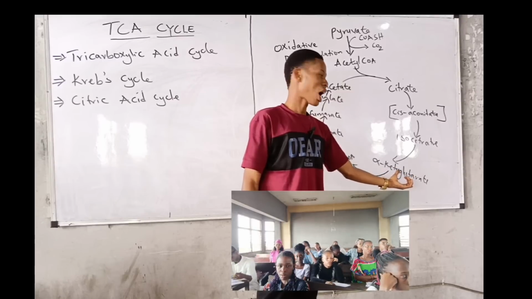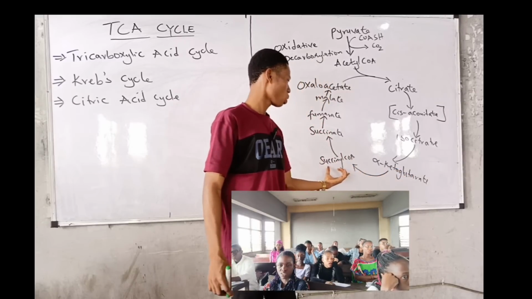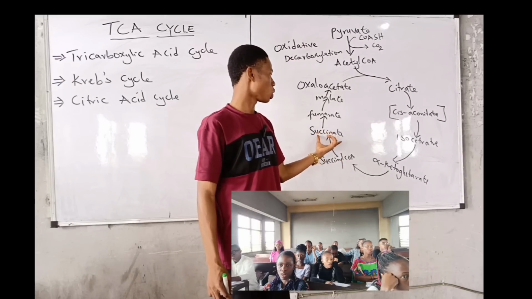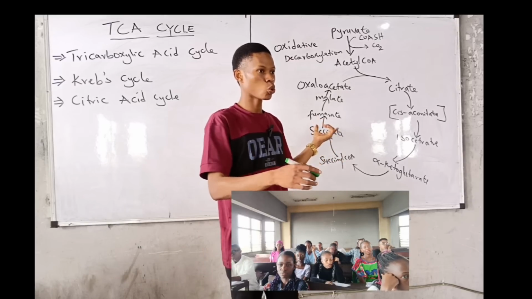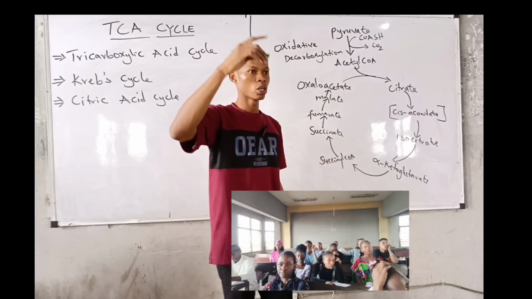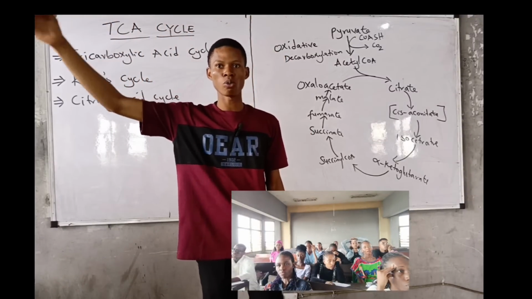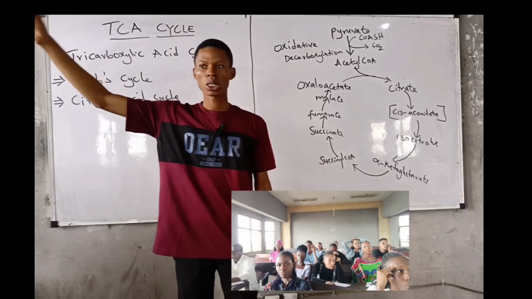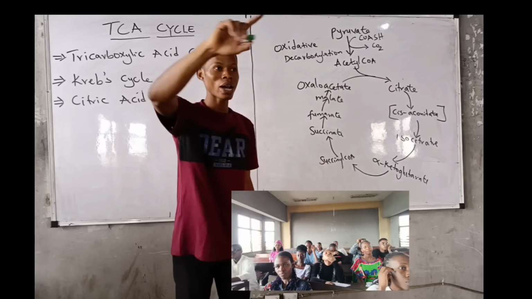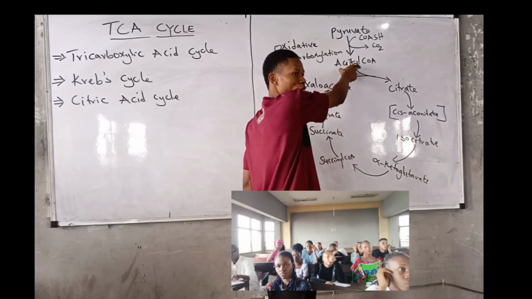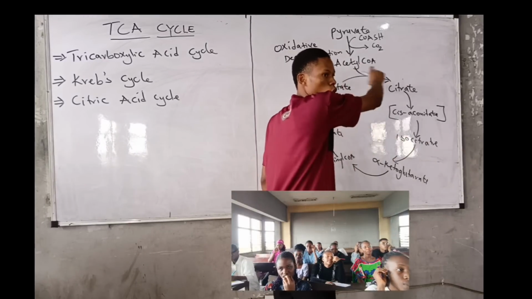Alpha-ketoglutarate. Alpha-ketoglutarate to what? Succinyl-CoA. Succinyl-CoA to what? Succinate to what? Fumarate to what? Malate back to what? That oxaloacetate combines with another acetyl-CoA to form what? The citrate to what? You now see why it is called a cycle, right? It's continuous. Once this is formed, it still combines with this, and the pathway continues like that.